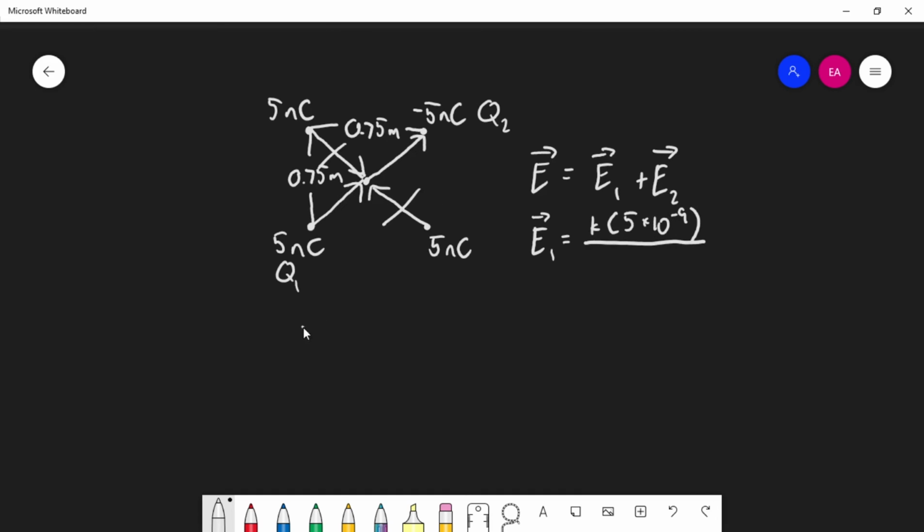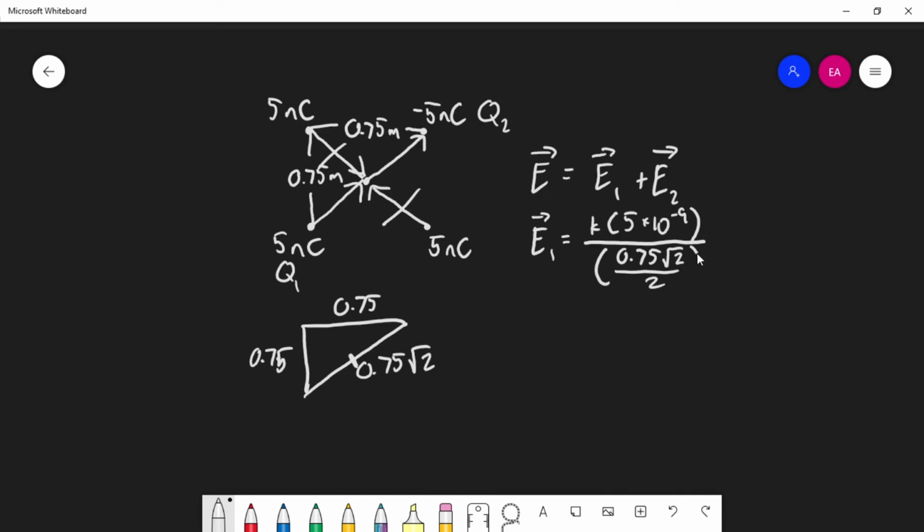Since this side is 0.75 and this is 0.75, the diagonal would be 0.75 square root of 2. Now, we want half of that. So this becomes 0.75 square root of 2 over 2, and this is squared.